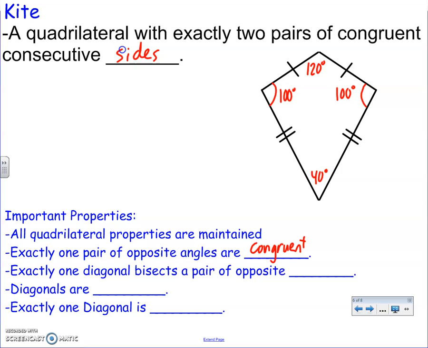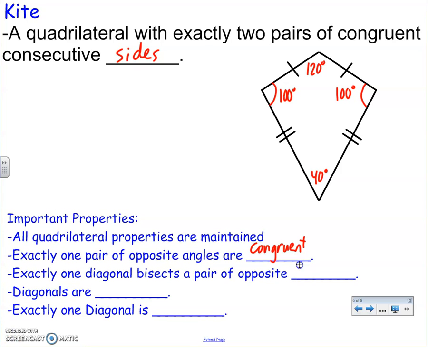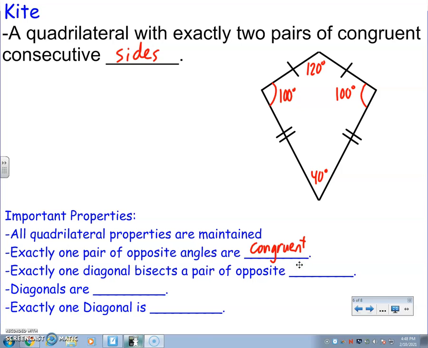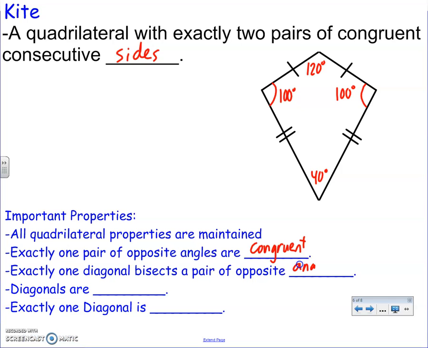Next one, exactly 1 diagonal bisects a pair of opposite angles. What that means here is this. So I'm going to draw the diagonals. So here to here is the diagonal, and it's the vertex to the other vertex that does not actually go along with the side, and here's the other diagonal.